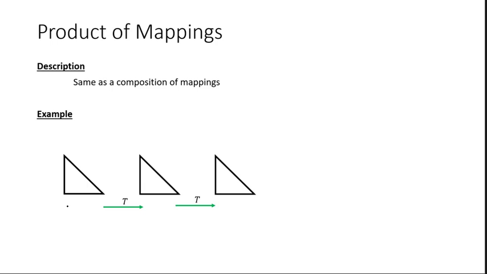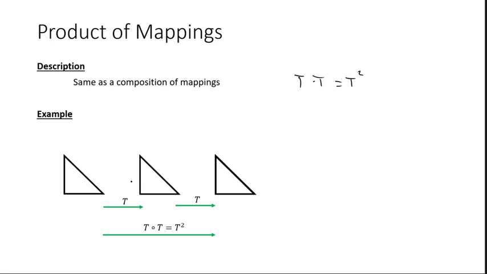So when you're doing the same transformation over and over again, we can represent that as a composition or a product of mappings. Just like with algebra, if you had T times T, that would give you T squared. Same thing here.